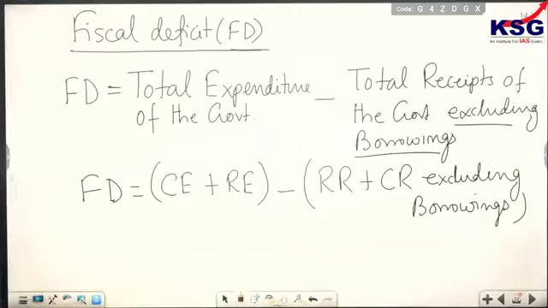Fiscal deficit is defined as the difference between total expenditure of the government and total receipts of the government excluding borrowings.